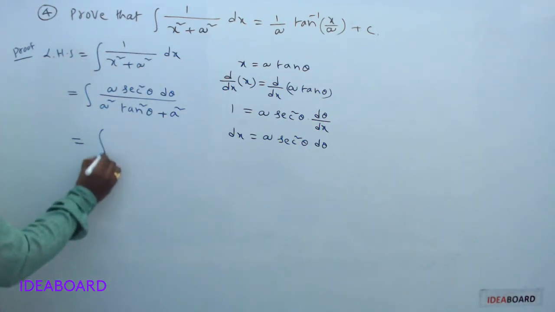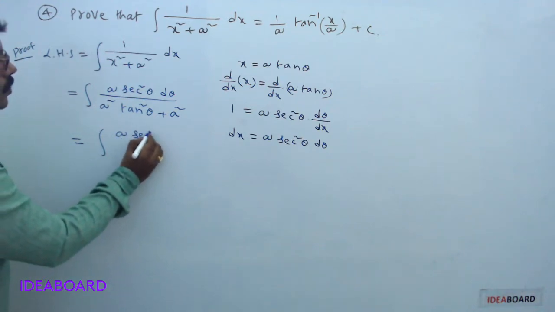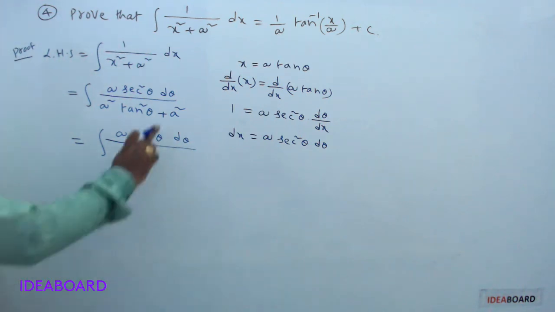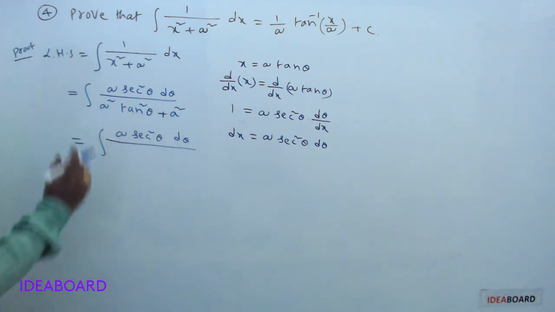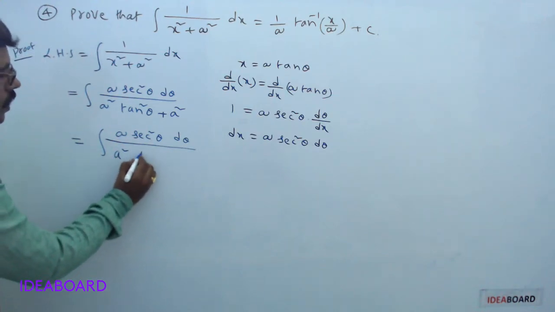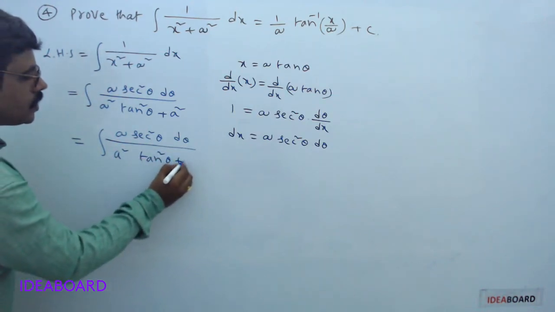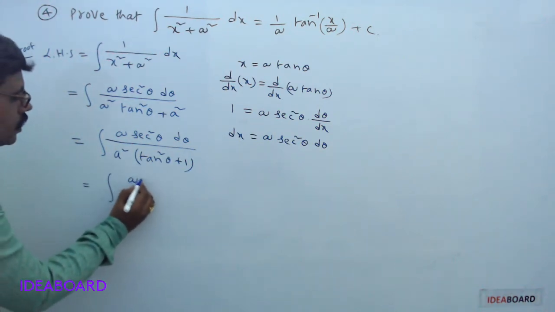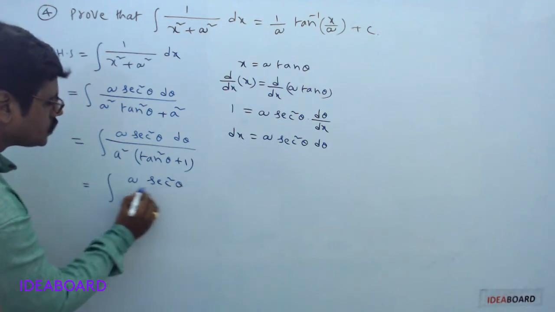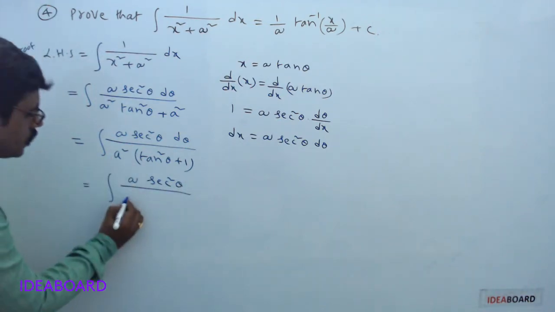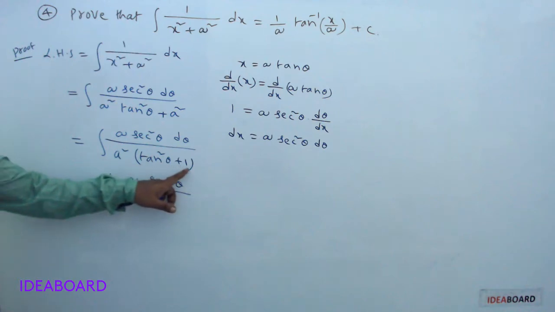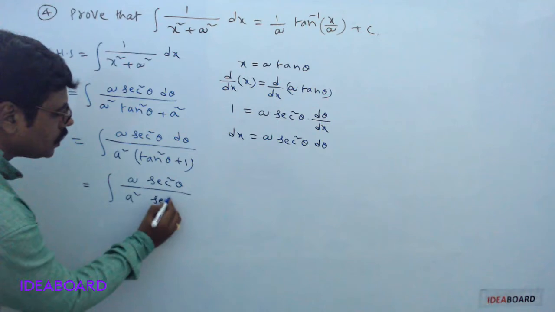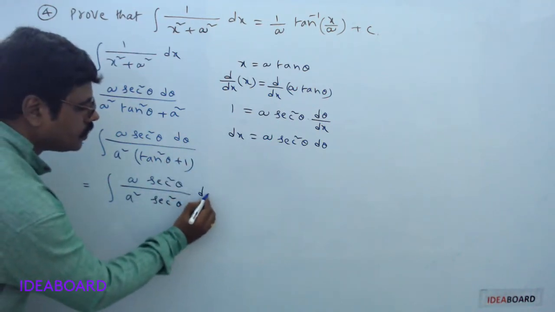Now this is equal to integral a into secant square theta d theta divided by a square is the common factor in the denominator, so a square into tan square theta plus 1. Now this is equal to integral a into secant square theta divided by a square into 1 plus tan square theta. 1 plus tan square theta is secant square theta d theta.